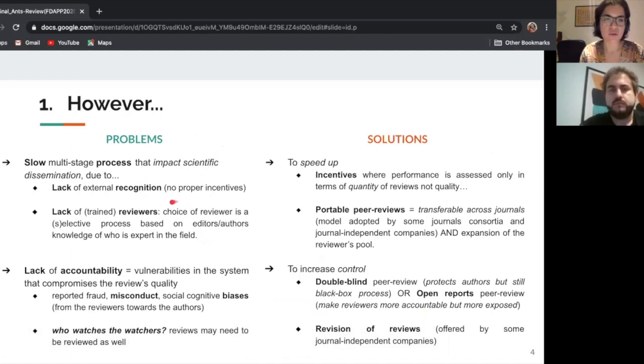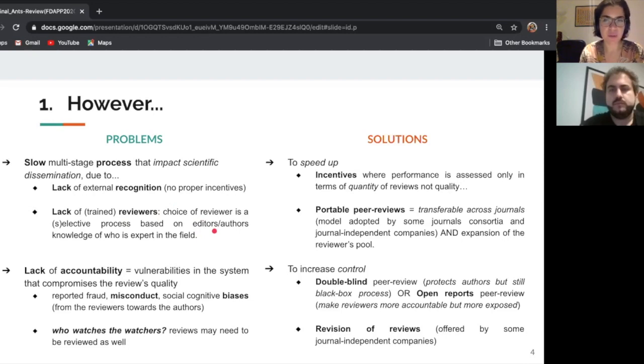Also, there are not enough trained reviewers for all the manuscripts that need to be reviewed. And this is because the process is top-down, and it's a selective, we can say elective, process based on the editor's choice.